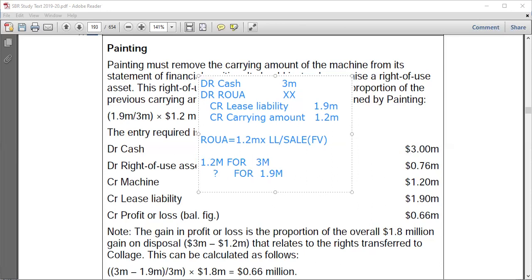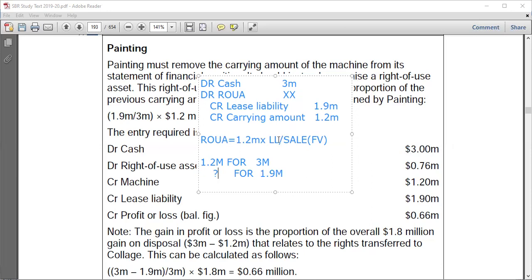If you do cross multiplication, this is what we're going to arrive at. 1.2 million is the possession of the asset that I had, which I valued at this amount. Right now, which possession can make the lessor entitled to receive 1.9, which to me as a lessee is a liability? Okay, so that's why you just do this and you obtain the right of use asset.